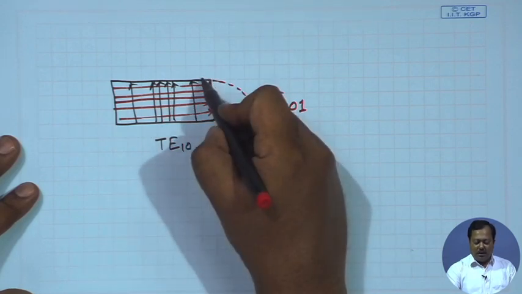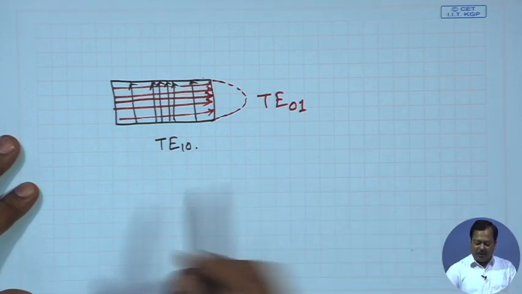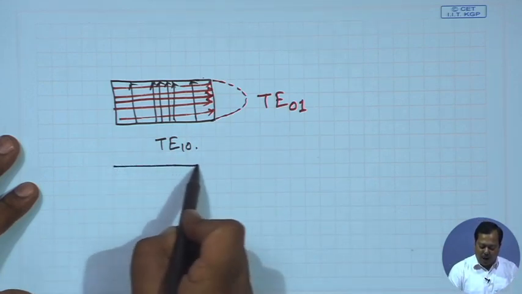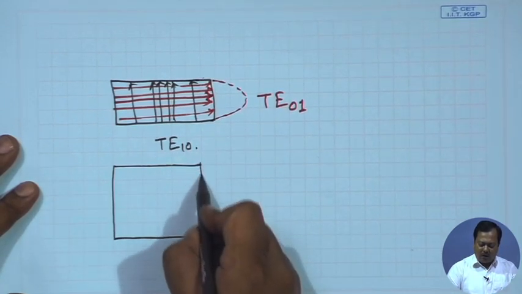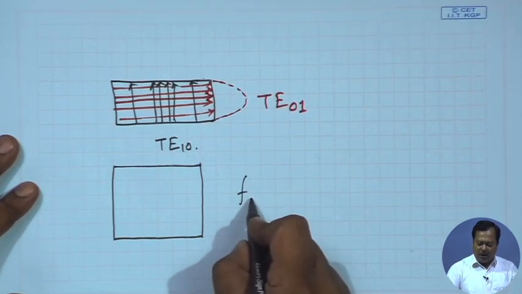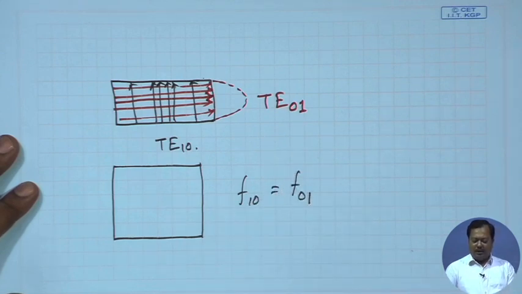That means for this rectangular waveguide, or better let us take a square waveguide, the cutoff frequencies for both TE10 and TE01 modes are the same.